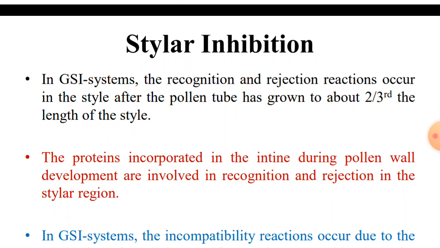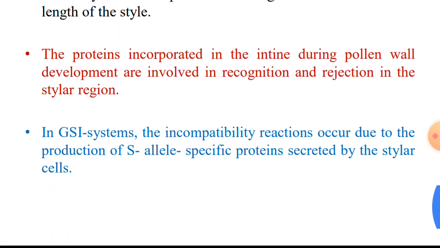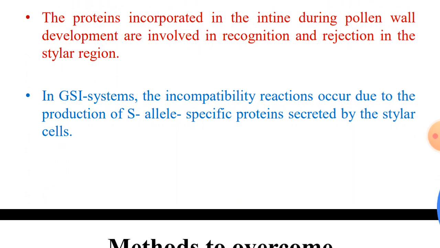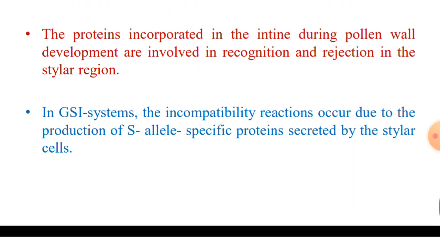The proteins incorporated in the intine, which we have earlier discussed, are involved in recognition and rejection in the stylar region in the GSI system. In GSI systems, the incompatibility reactions occur due to the production of S allele specific proteins secreted by the stylar cells.